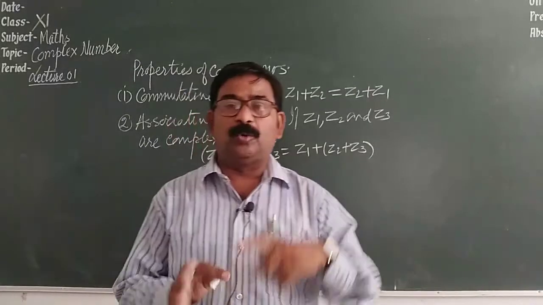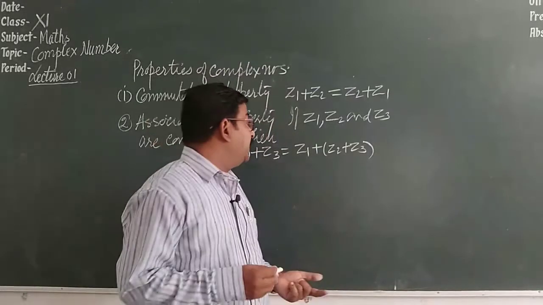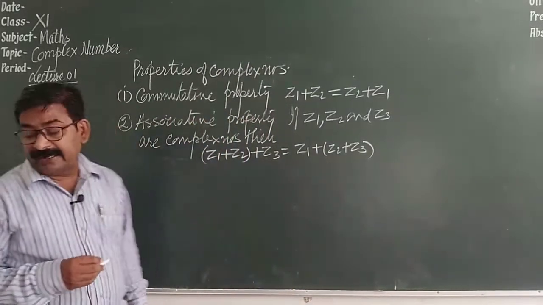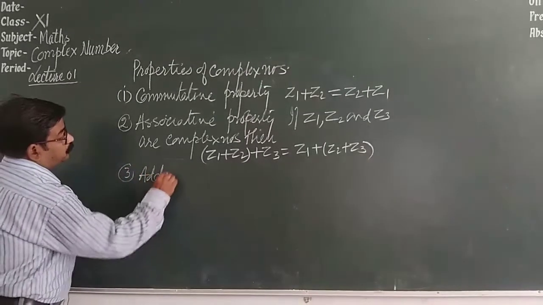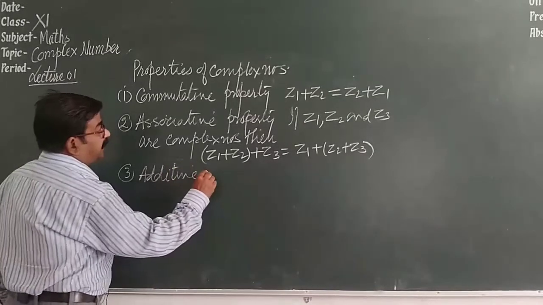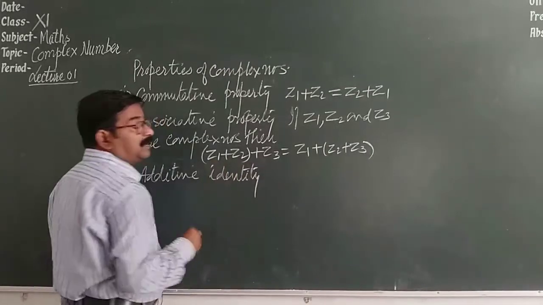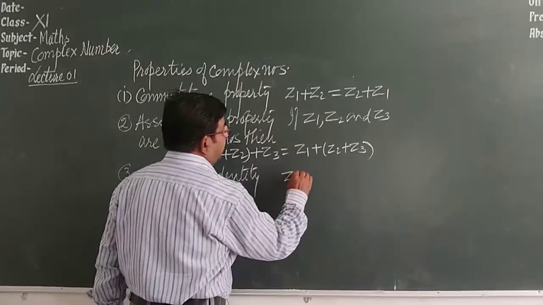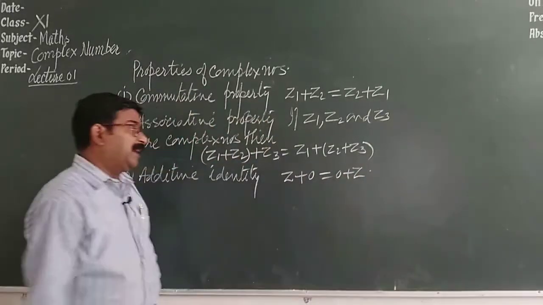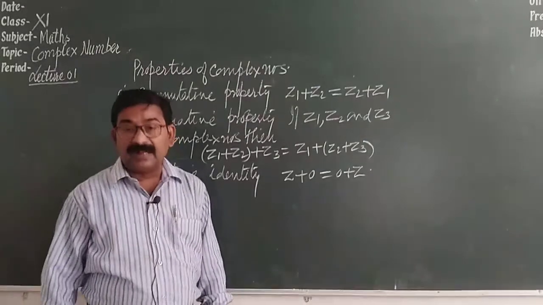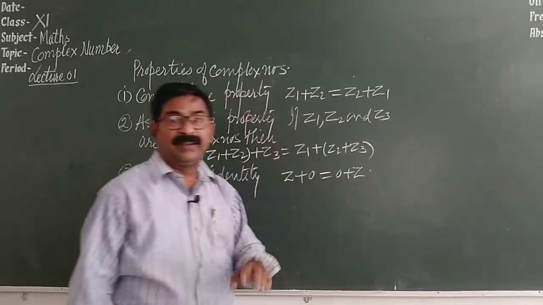If we add 0 to any number, the result becomes the same. Third, additive identity, and z plus 0 is 0 plus z. If you add 0 to a complex number, the result remains the same. So 0 is called additive identity.